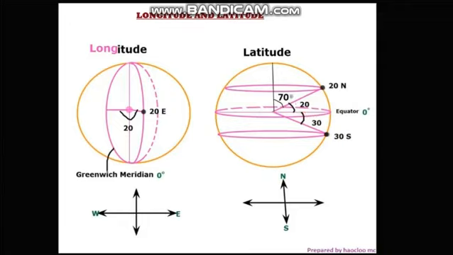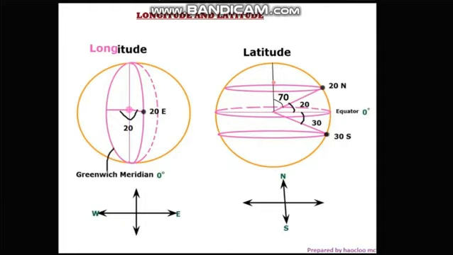Some of the questions want to trick you. They give you this angle, 70 degrees only, and they didn't give you this 20. So many students mistakenly put 70 degrees north. Why wrong? Because you didn't count from the equator. Instead, you count from other lines. So you must always count from equator. How do I know it's 20 degrees?